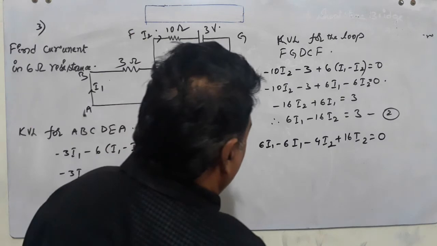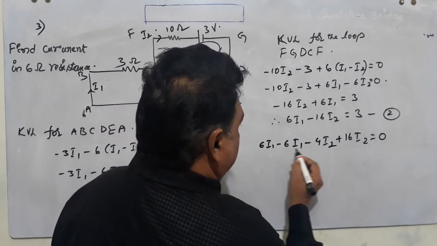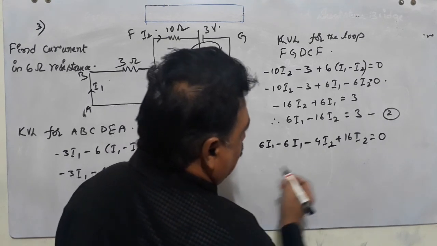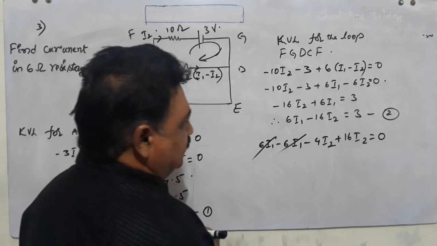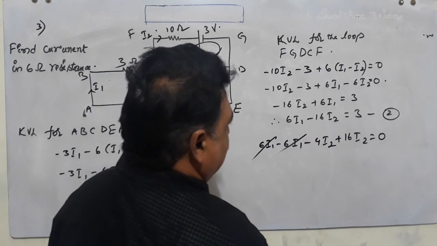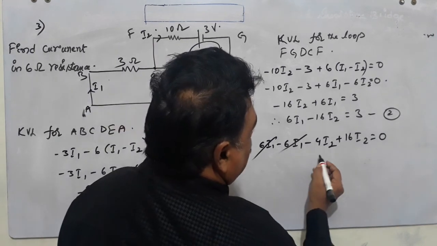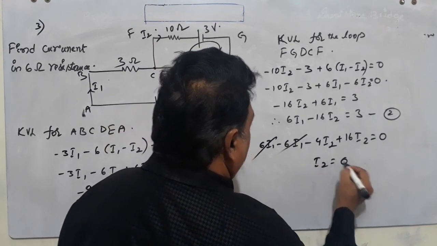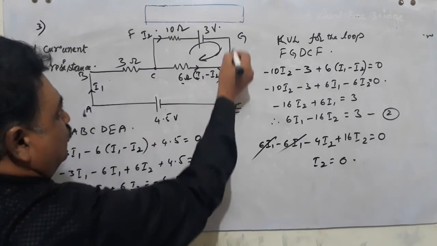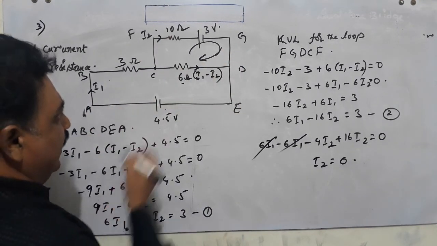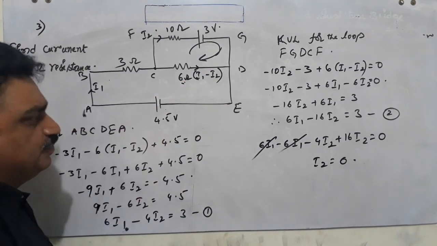And therefore, if you observe carefully, you can get 6I1 minus 6I1, and these two will be cancelled, so that you will get I2 is equal to 0. So here there is no current through this resistor, and I1 will be the current through this 6 ohm.